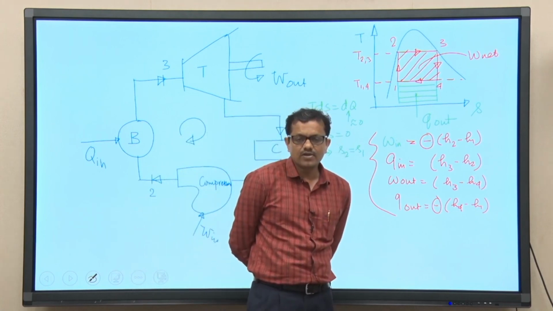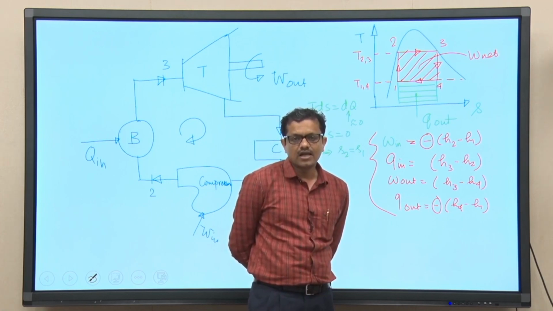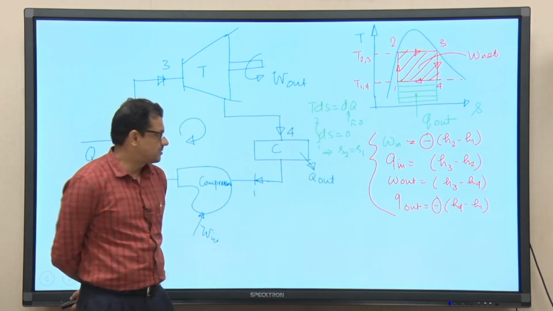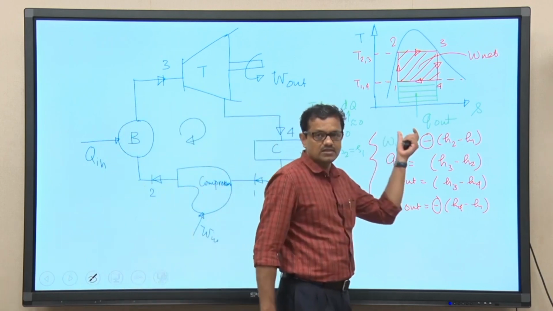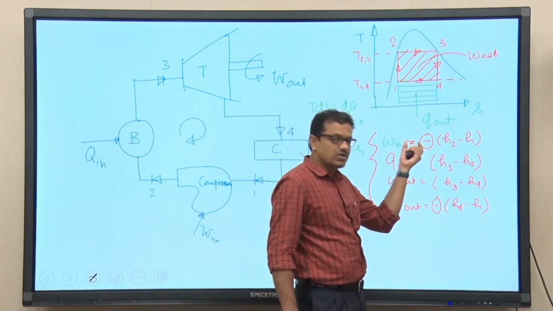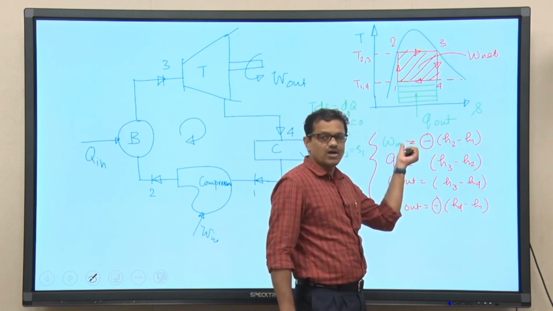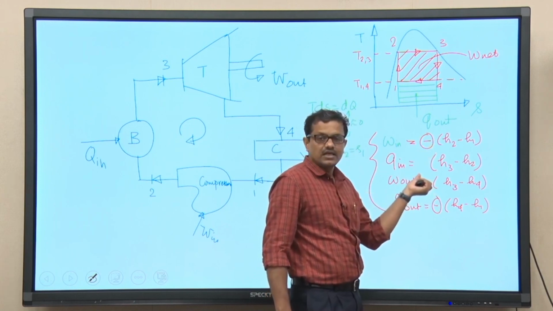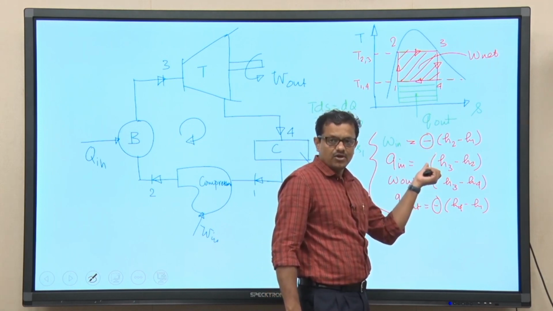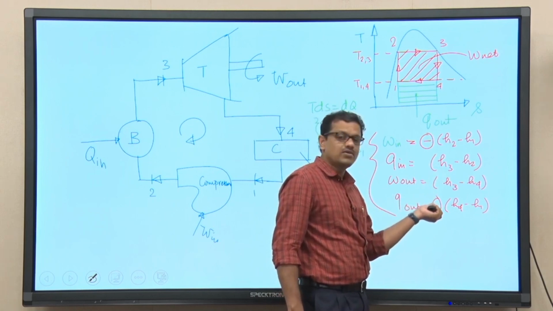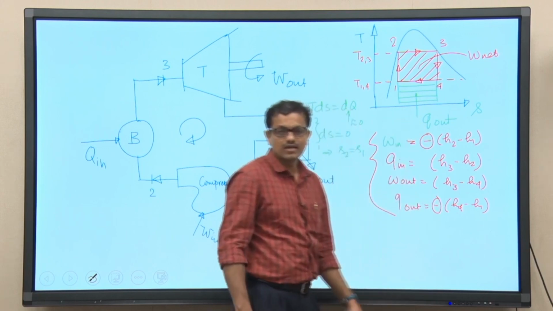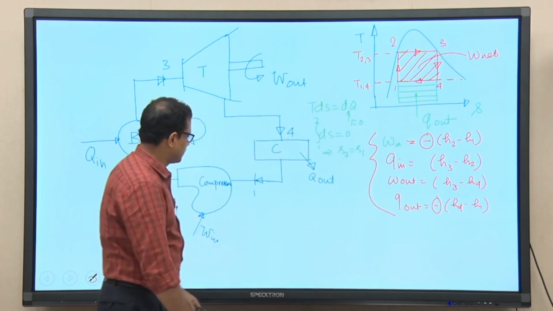Normally, heat added to the system is taken as positive and work taken out or taken away from the system is taken as positive. So, work which is coming out from the system should be taken as positive. Considering this sign convention, this is the work which is added to the system, so that is why it is negative. Heat which is added to the system is taken as positive. Considering the sign convention, this is the amount of heat which is being rejected from the cycle, that is why it is negative.